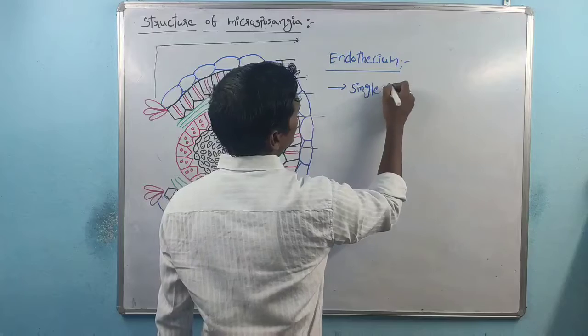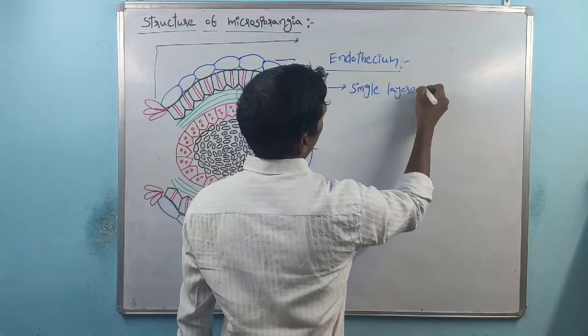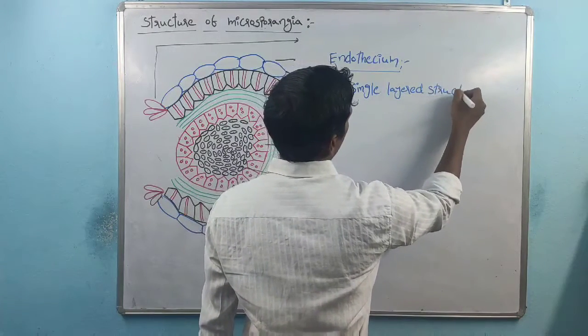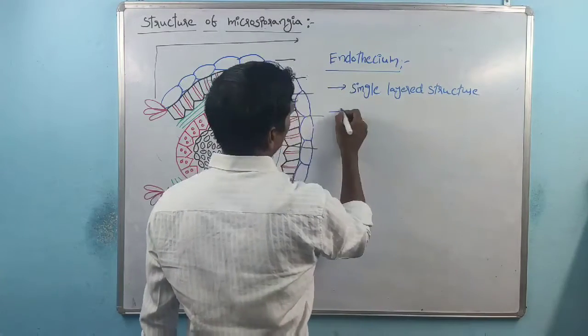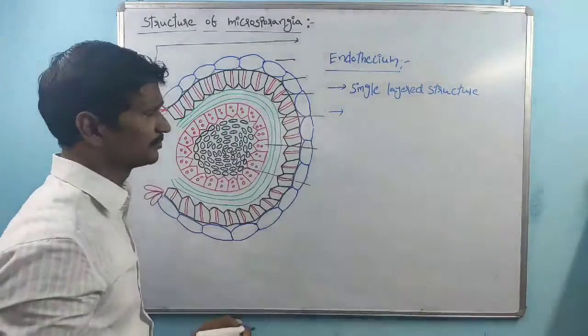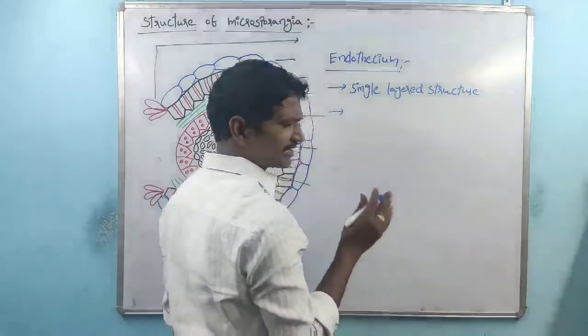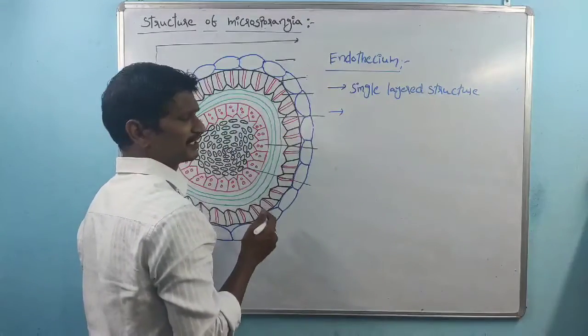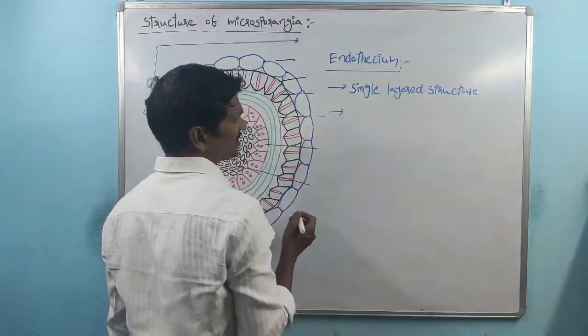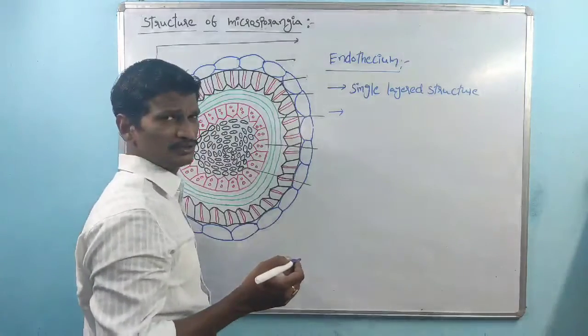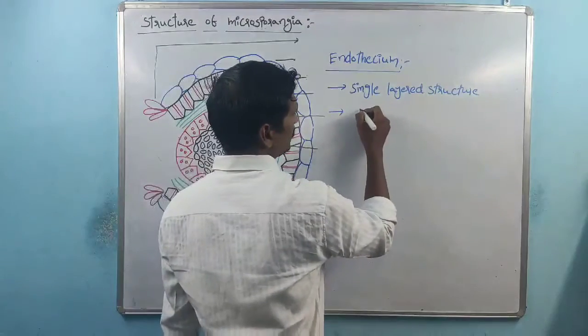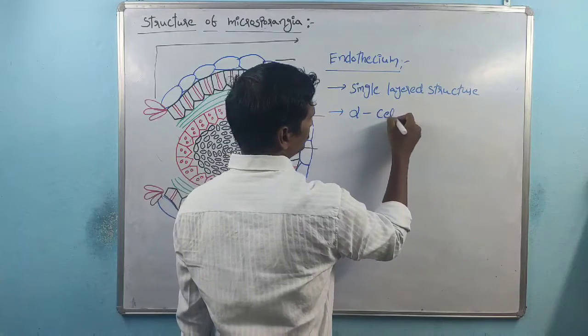In the center of the endothelium cells, there are bands present. These bands are called callus strips, which are especially made up of alpha cellulose.